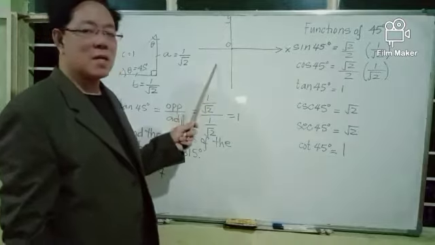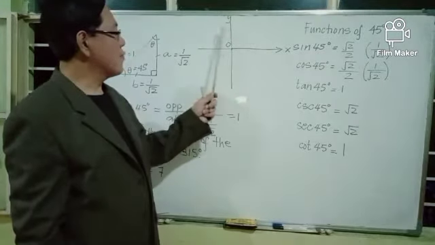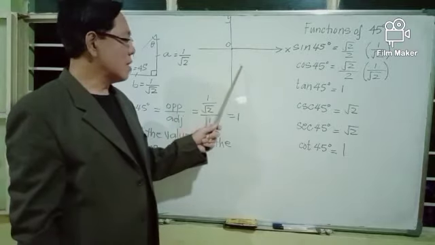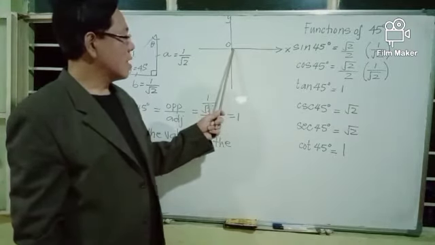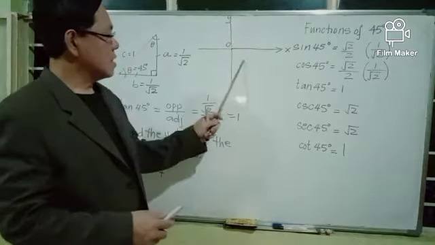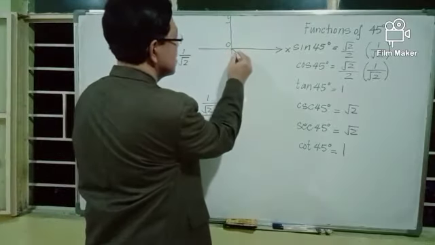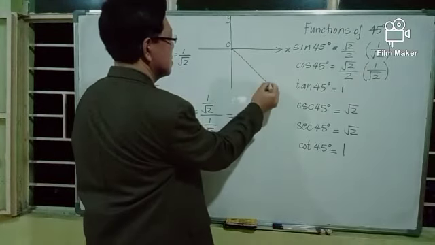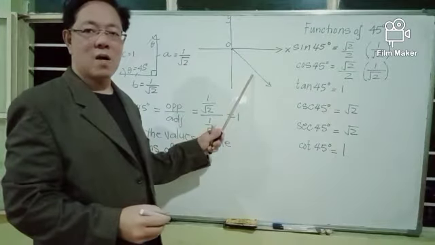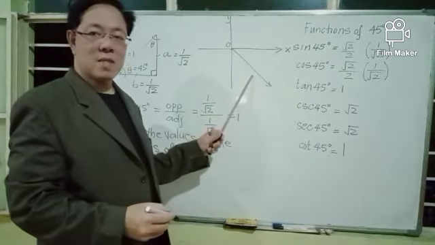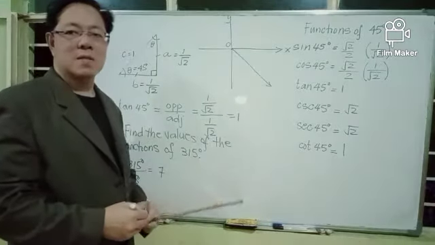And this third quadrant also has 2 45-degree angles. That's 2, 4, 6. And we only need another 1 45-degree angle in the fourth quadrant. This is the terminal side of the given angle 315 degrees.